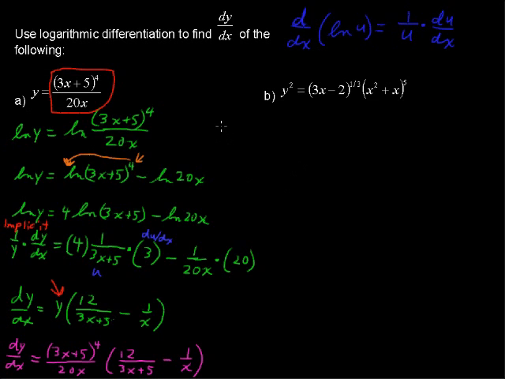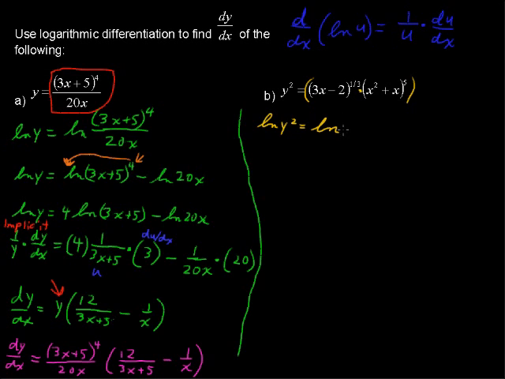All right, the next one, let's see if you can play along here. We're going to take the natural log of each side. I'm going to go ahead and skip a step here. I'm going to take the natural log of this whole thing, and the natural log of a product is the same as the sum of two different natural logs, right?